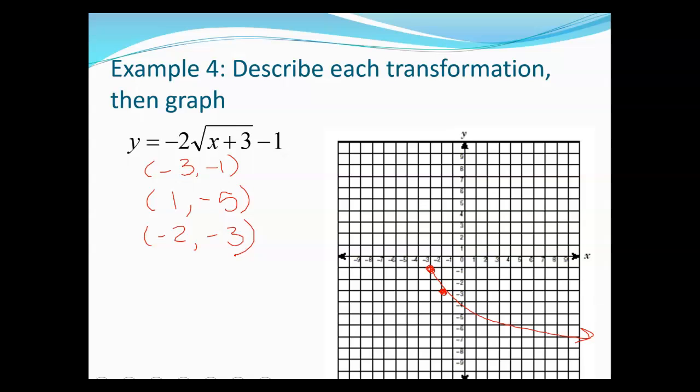The other option is just to plug numbers into your square root. The problem with picking numbers to plug in is if you plug in 0, 0 plus 3 is 3. Do you know the square root of 3? You can approximate it. You know the square root of 1 is 1 and the square root of 4 is 2.